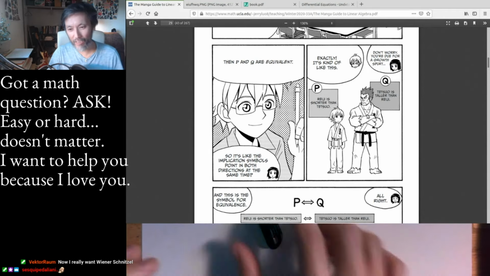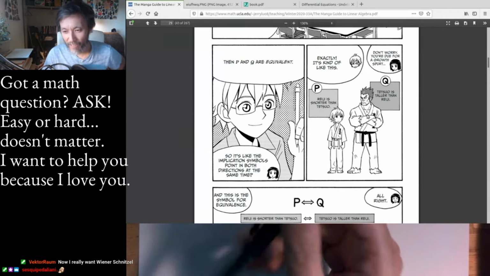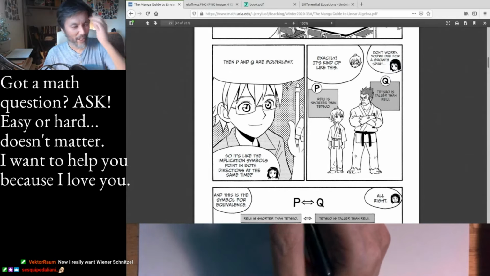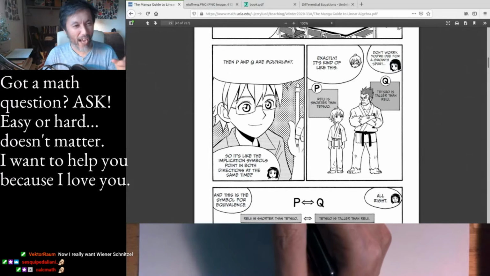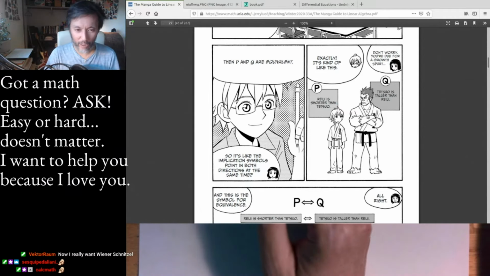You know what Wiener Schnitzel is in the United States, right? It's a fast food restaurant that's absolute trash. Well, I don't know, actually. I can't really say that.